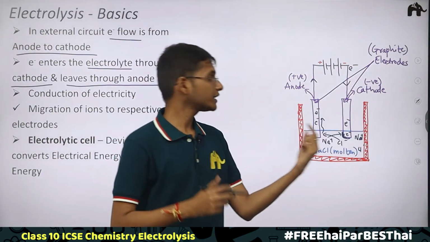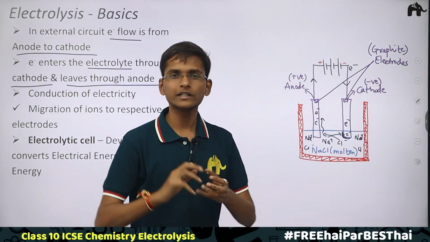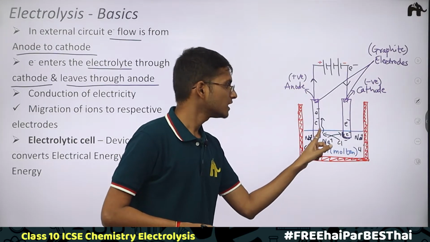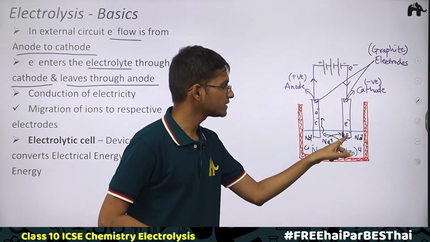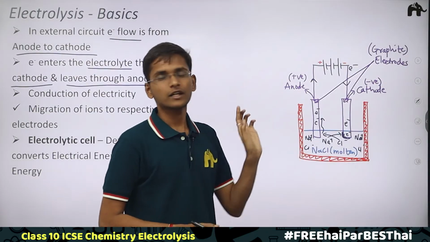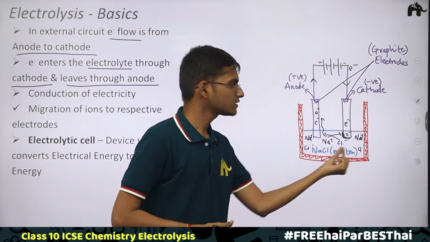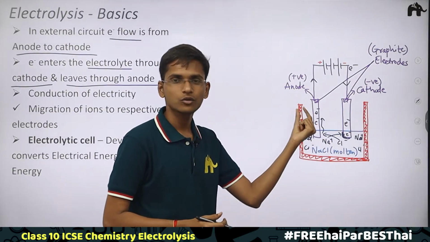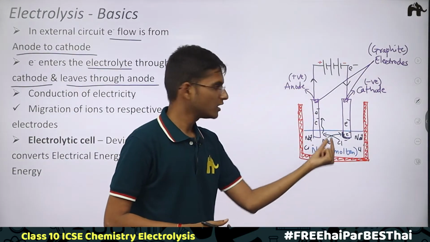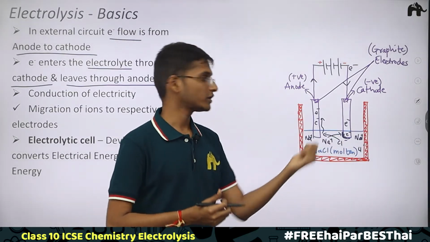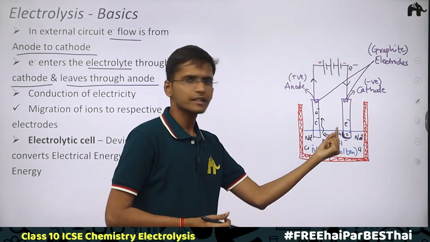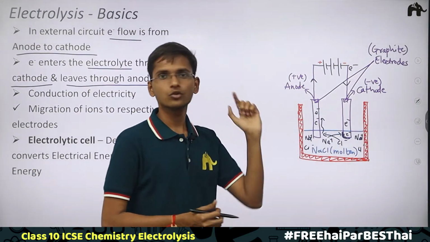Electron is actually not entering, but somehow, in disguise, this electron is getting transferred to the anode. The electron at the cathode is getting transferred to the anode, and that's why we say that electron enters through cathode and leaves through anode. We cannot actually see it happening, but in disguise electron is getting transferred from the cathode to the anode.